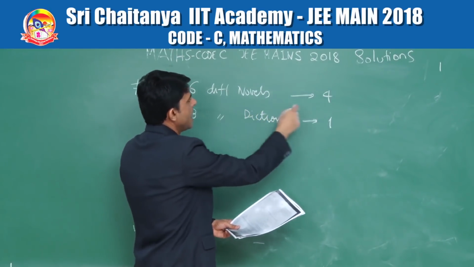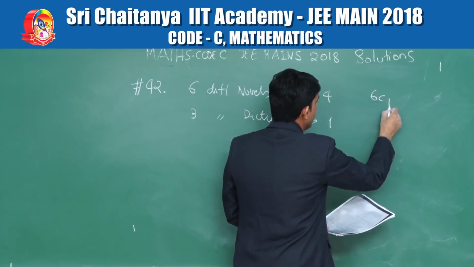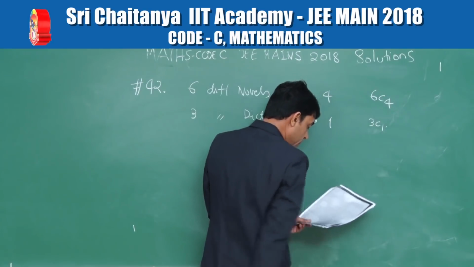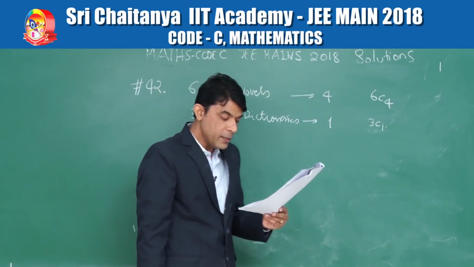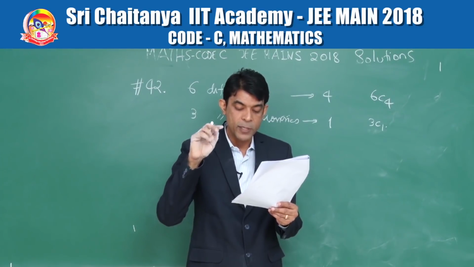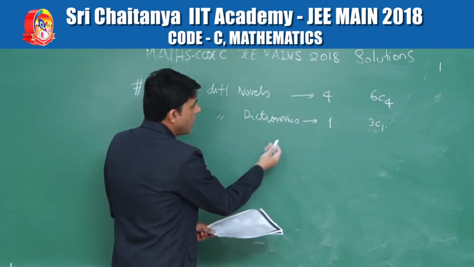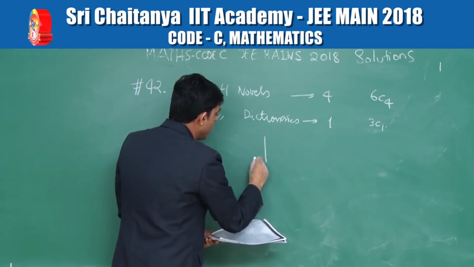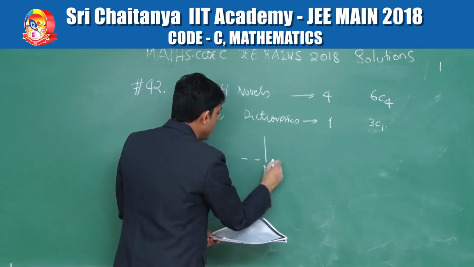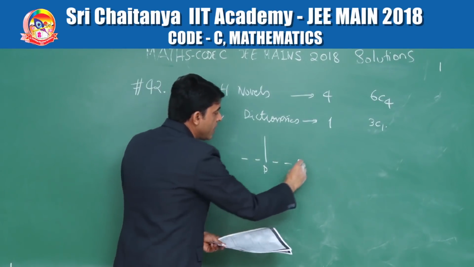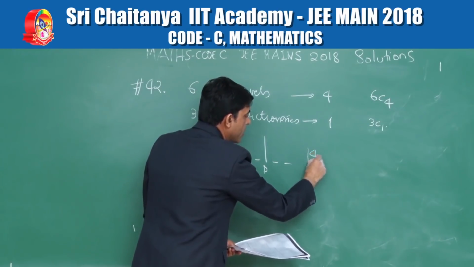So this can be done in 6C4 ways, and this can be done in 3C1 ways. Now the question says that they are to be arranged in a row such that the dictionary is always in the middle. So out of 5 objects, the dictionary is always in the middle. You are left with only 1, 2, 3, 4 places and 4 objects, and so this arrangement can be done in factorial 4 ways.